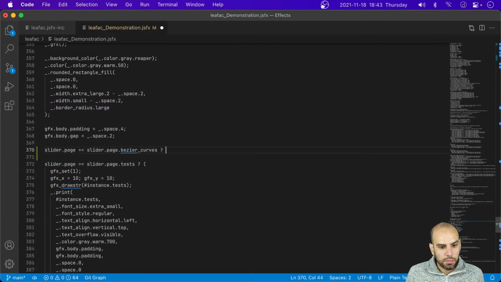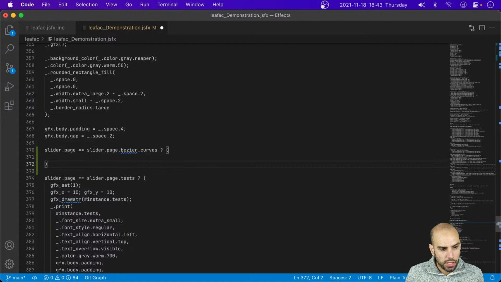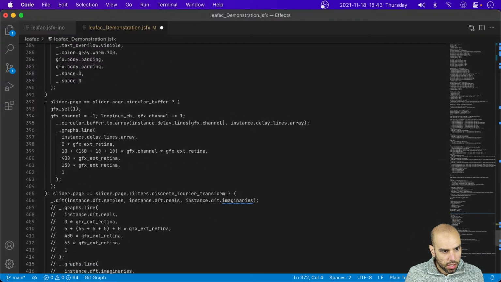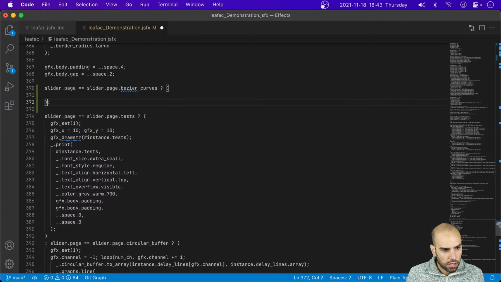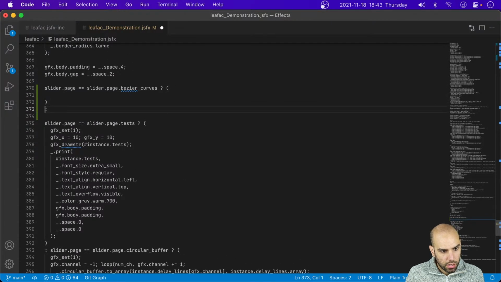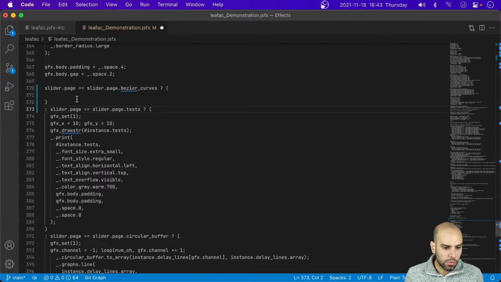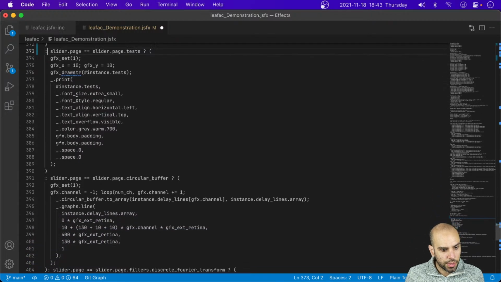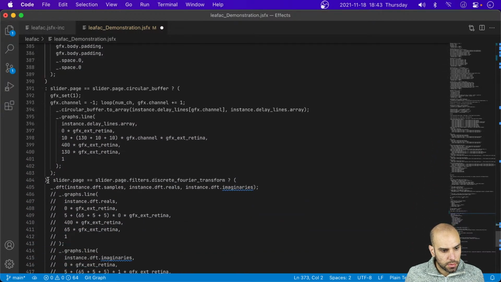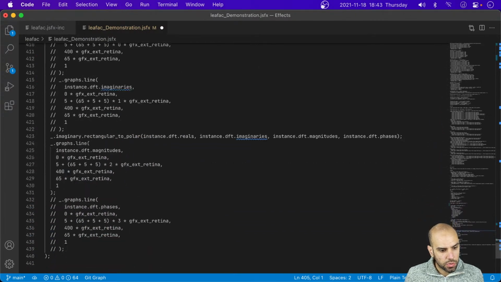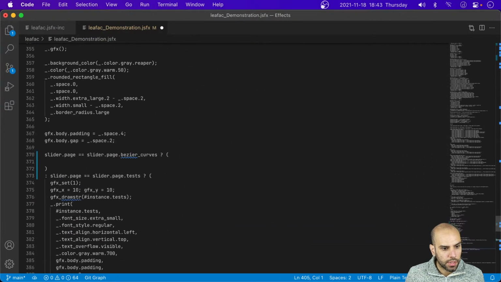And if I am on this page, then I am going to do this. Otherwise, I'm just going to do what the other pages were doing. And it seems like I am missing a new line on this one. Good.